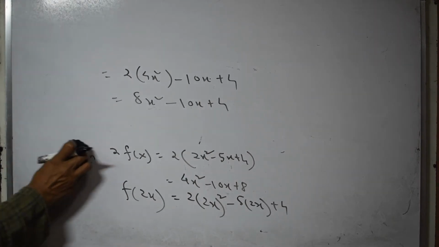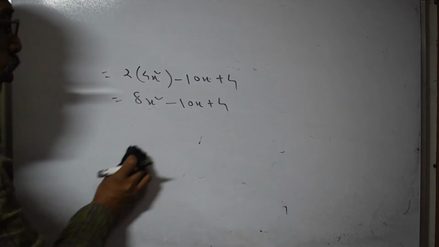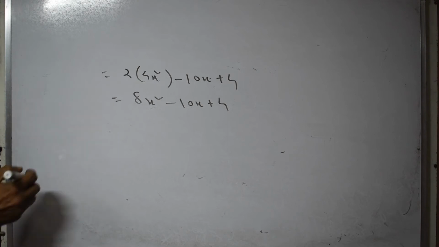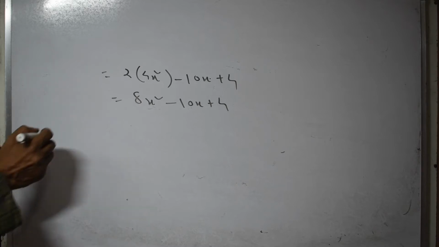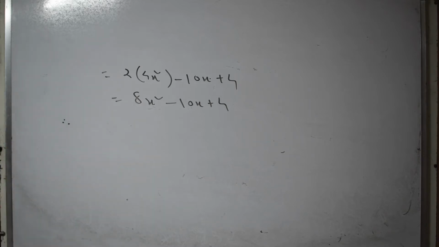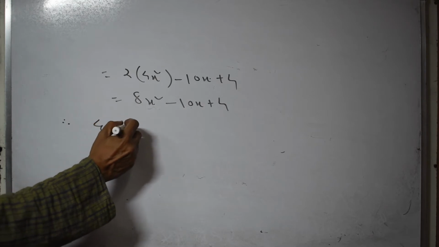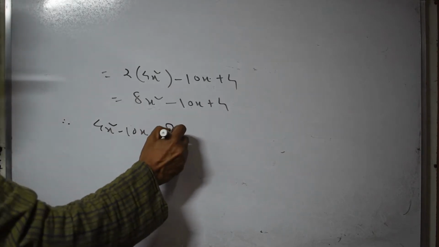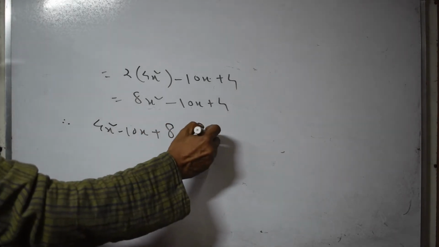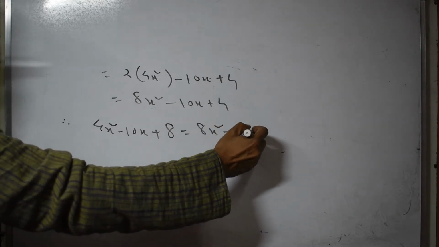Now we equate f(2x) and 2f(x). That means we are equating 4x square minus 10x plus 8, which is 2f(x), and f(2x), which is 8x square minus 10x plus 4.